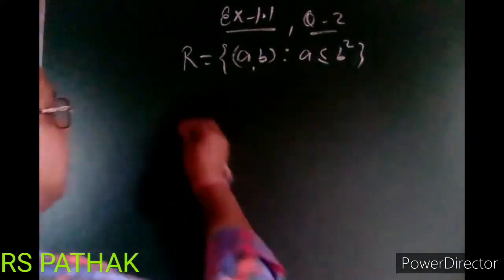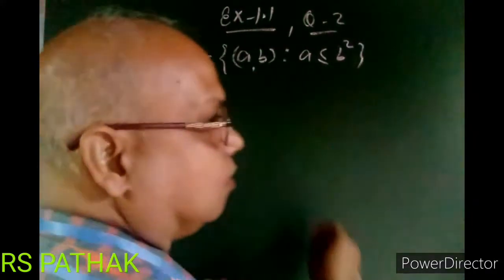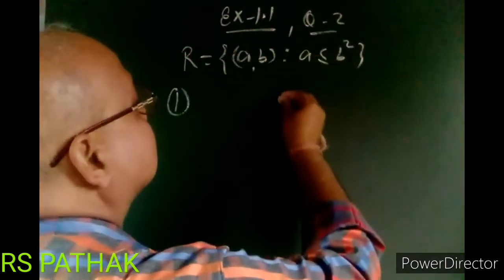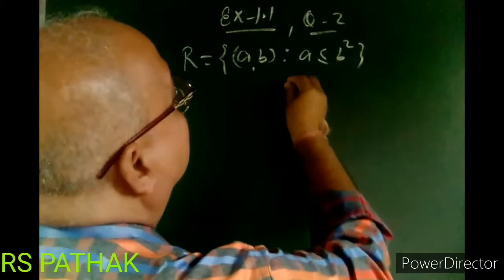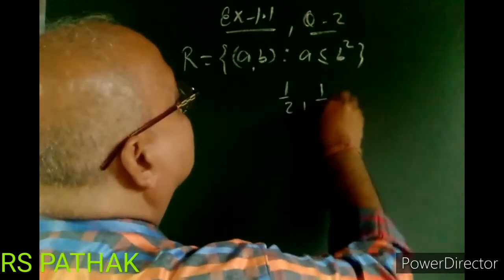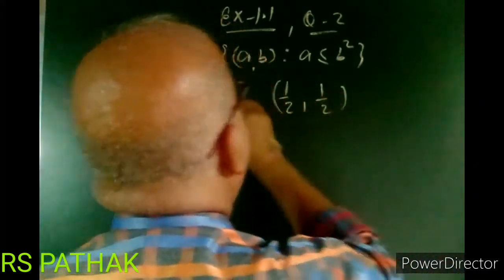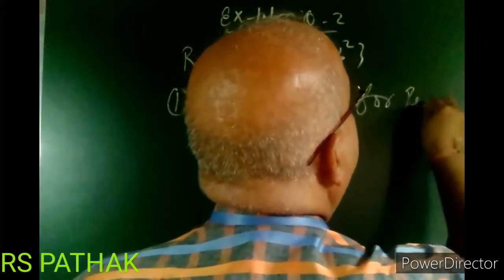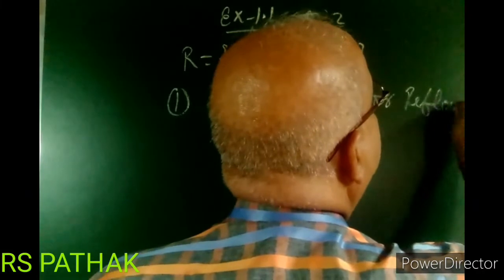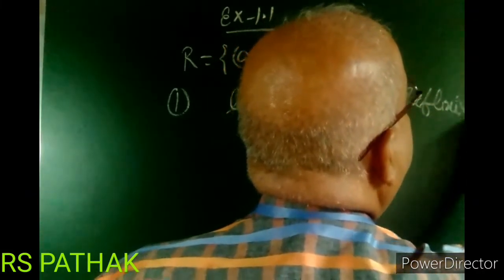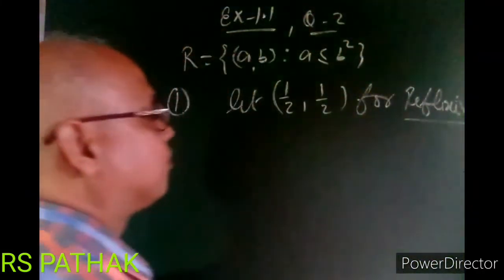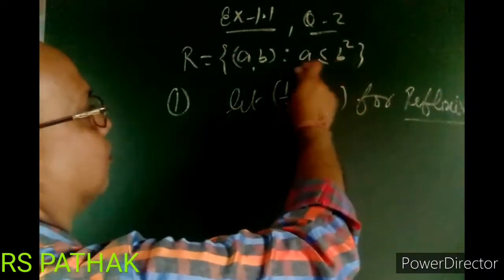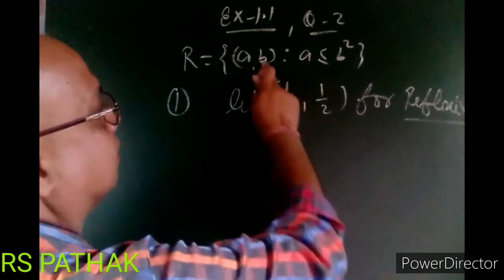First of all, I can prove it is not a reflexive relation. For reflexivity, let us take (1/2, 1/2). The relation is a less than or equal to b squared. The first element is a, the second element is b.